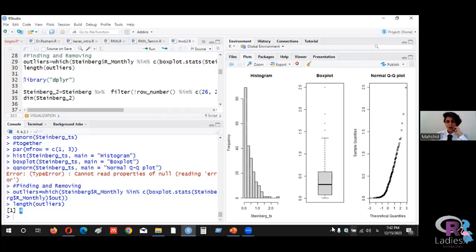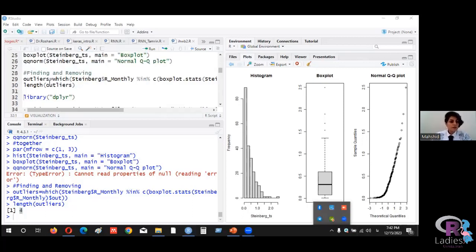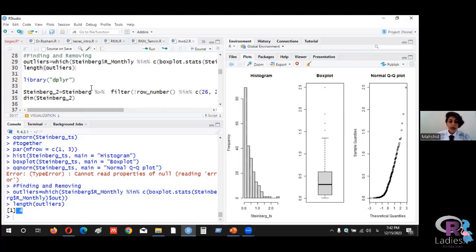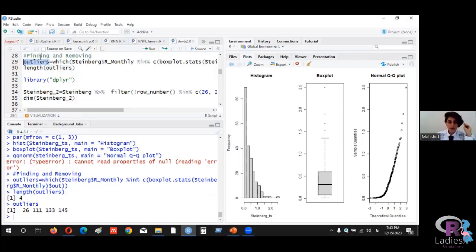Okay, good. I've called it outliers because we are going to find the exact place of the outliers. As you can see, if I check the length of the outliers, it shows 4. It means that we have 4 outliers. And this code can show us the exact place of them.